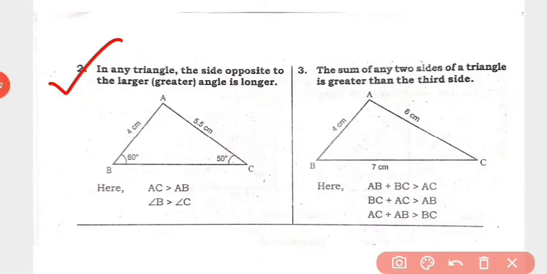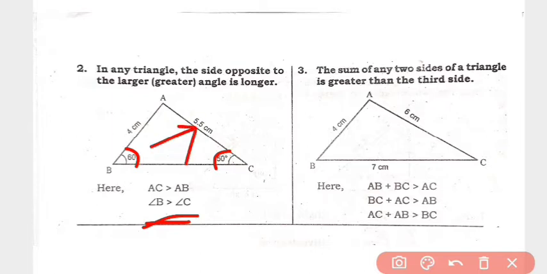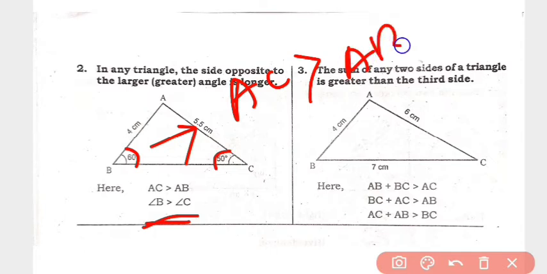Now here you see, in any triangle the side opposite to the larger or greater angle is longer. Here angle B is greater than angle C. Therefore its opposite side, that is AC, will be greater than AB.